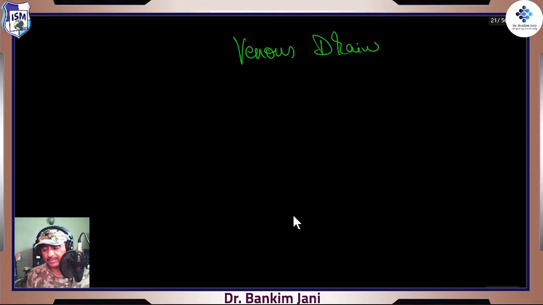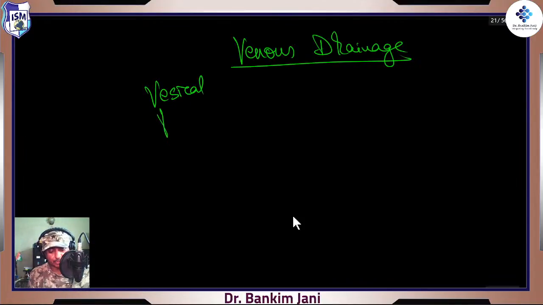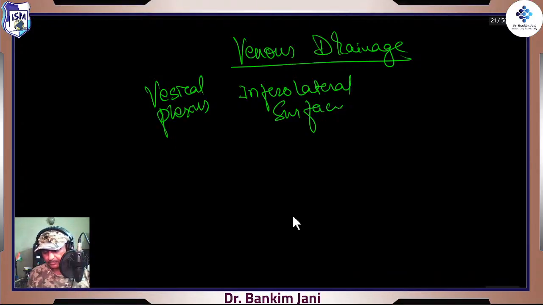This venous drainage is very typical. There is a vesical plexus, a group of veins that form this plexus. Where is it? On both sides of the bladder, on the inferolateral surface of the bladder.